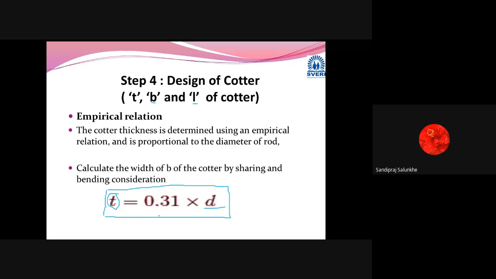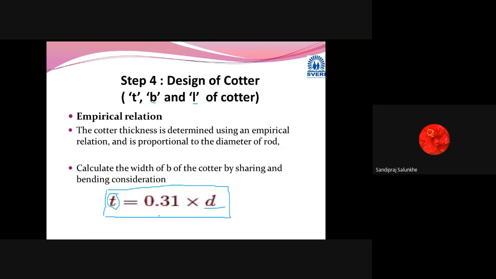We are not bothering about T, we are not bothering about any dimension. We are just concentrating on which type of stress may get induced because of applying force P, and which area will be encountered by that stress.